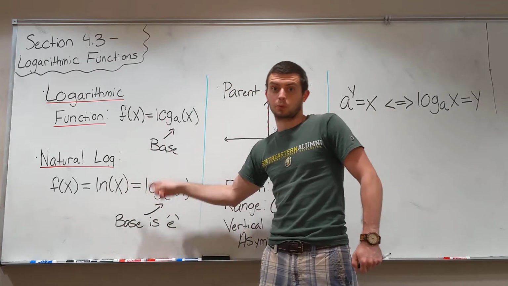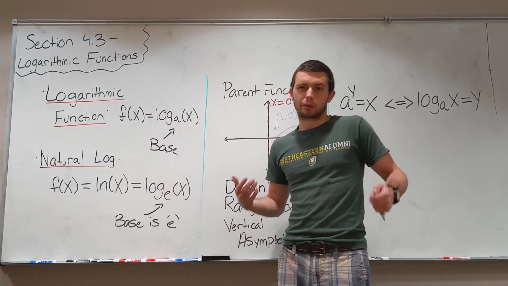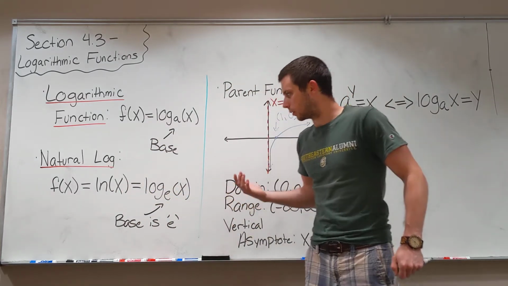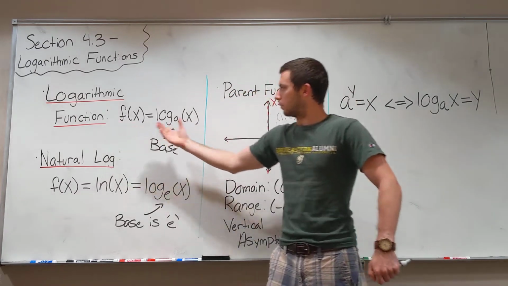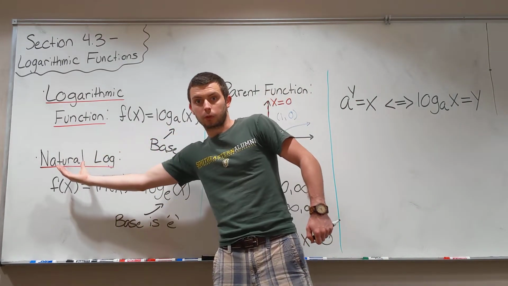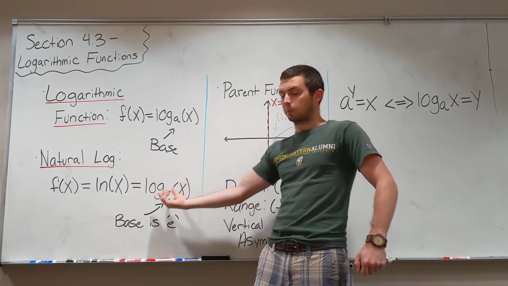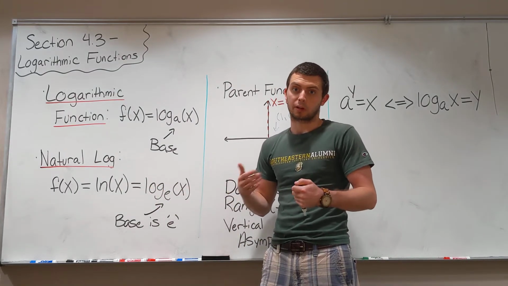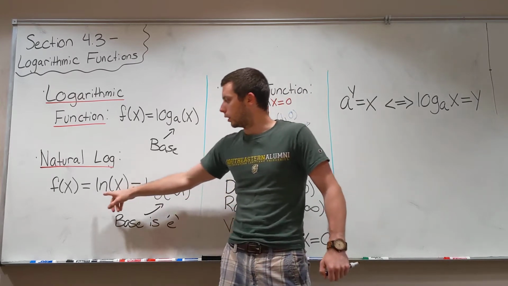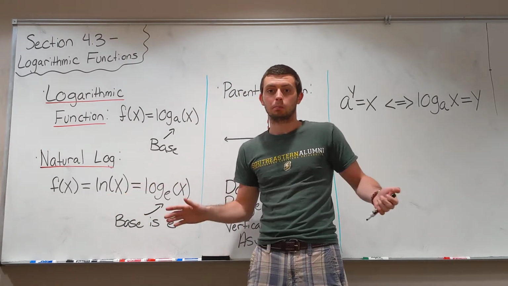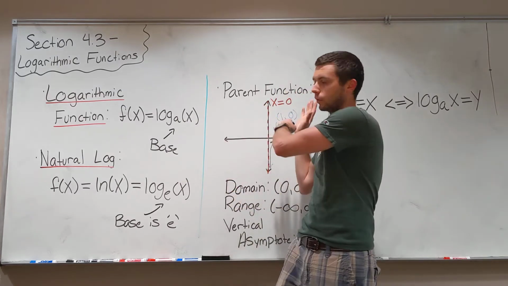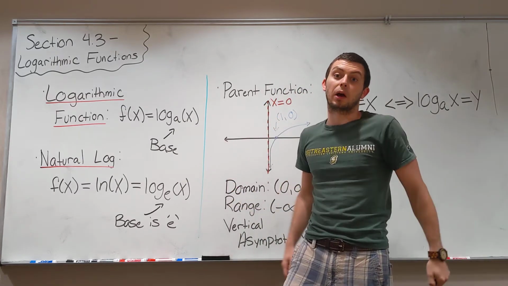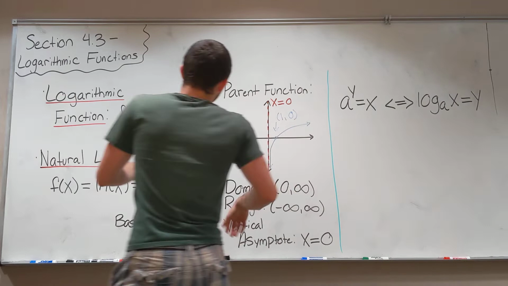This is the only special case of this. We'll see more examples that utilize this idea, but there's a logarithmic function that looks like this, and a natural log, which is a special type of logarithm. Everything I'm going to talk about with respect to logarithms, natural logarithms follow the same exact outline, ultimately.